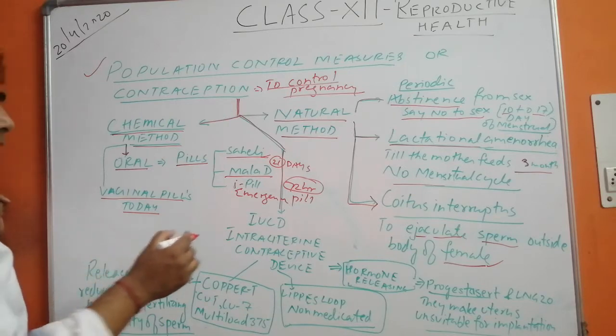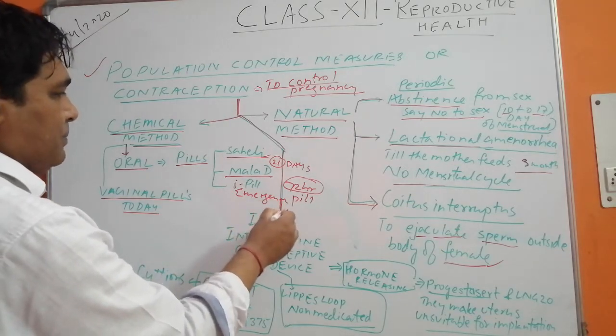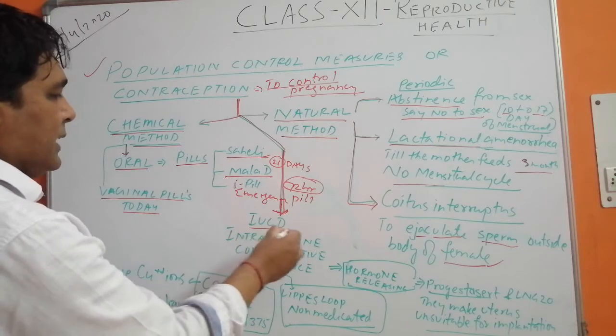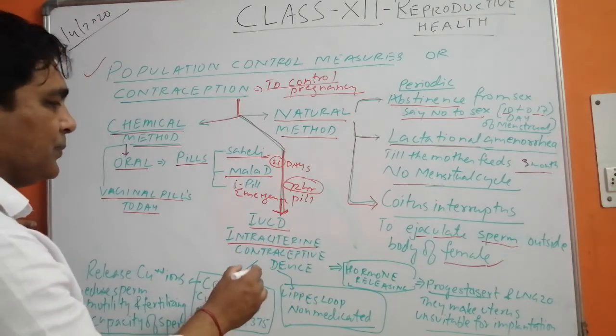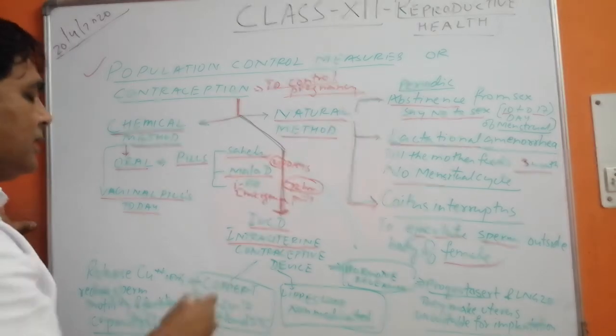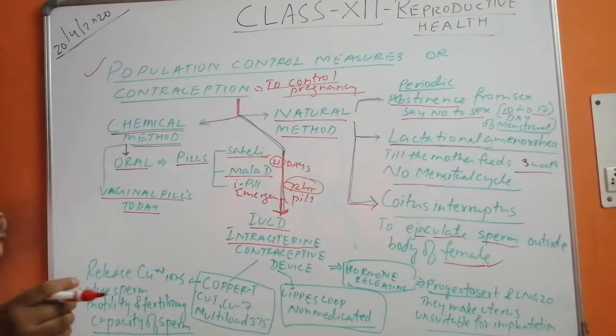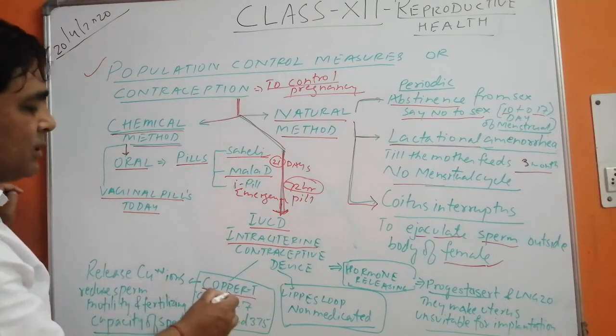Then come your IUCD devices. What are IUCDs? Intrauterine contraceptive devices. These devices are put in the uterus, the cervical part. First is the copper T, which is made of copper.